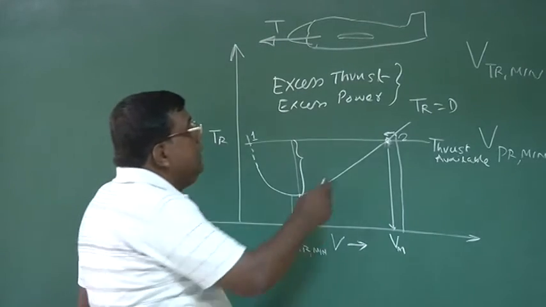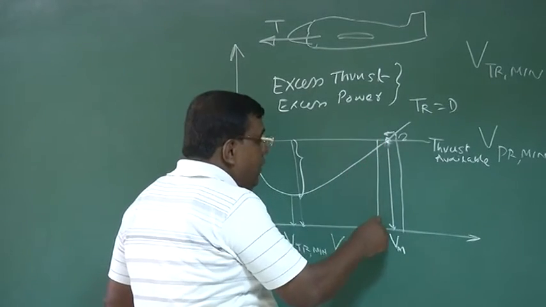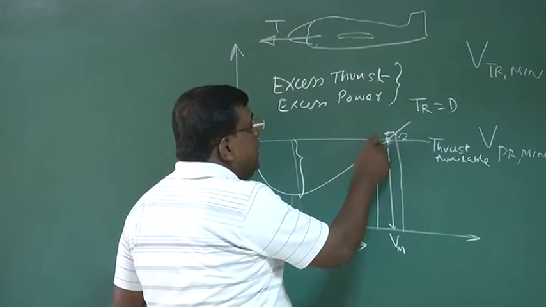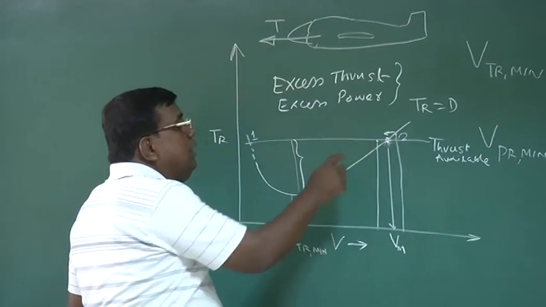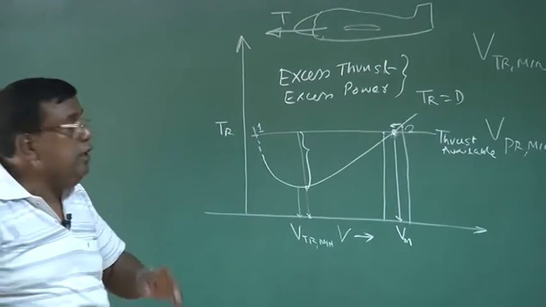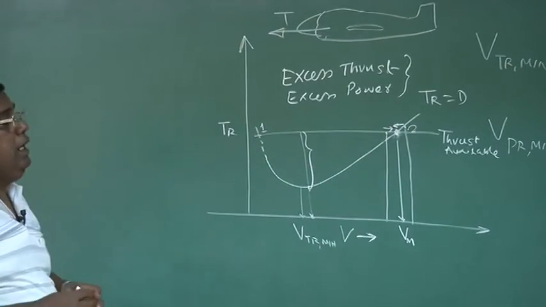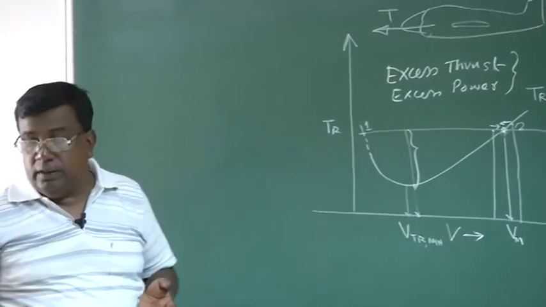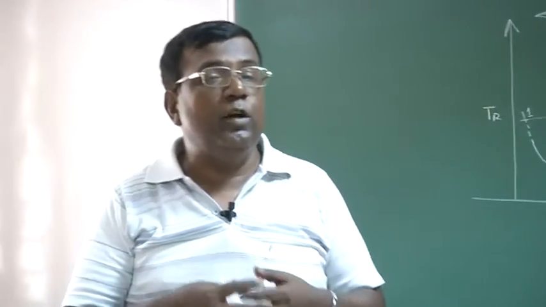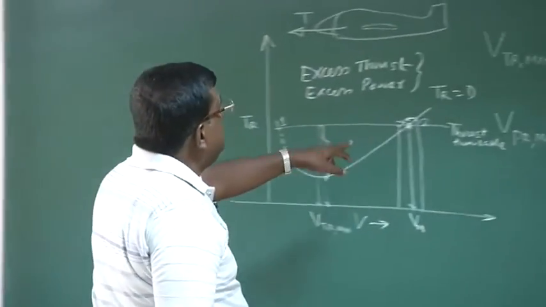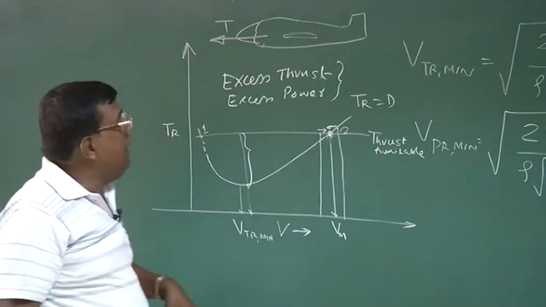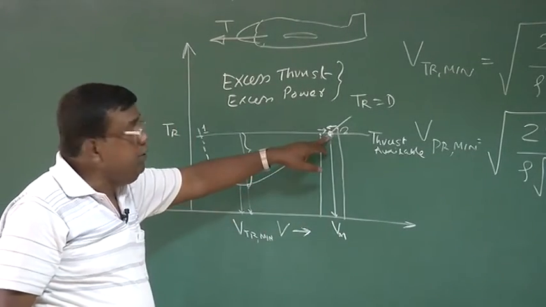And suppose for some reason it is now flying at a lower speed, then what happens here? The thrust is more than the drag, so it will accelerate the airplane towards this point 2. So we say, as far as velocity stability is concerned, it is statically stable at point 2. I repeat again, suppose I am flying at point 2.